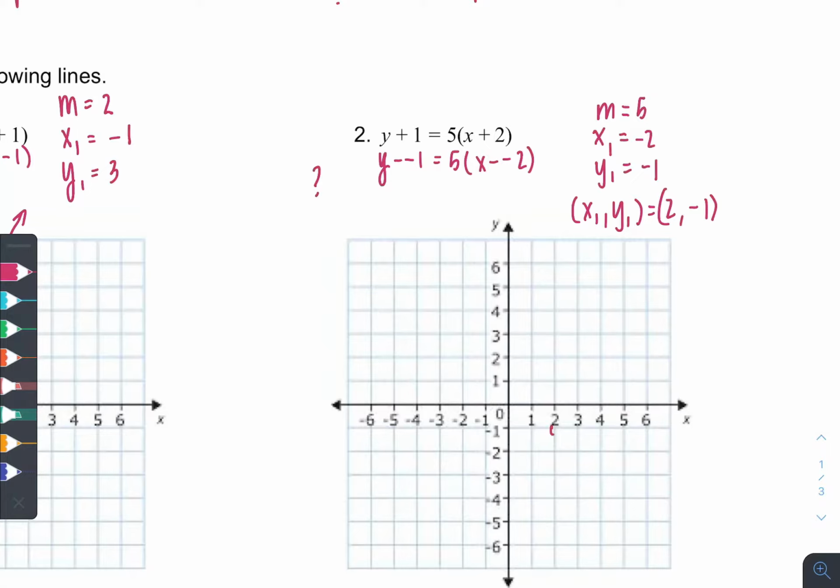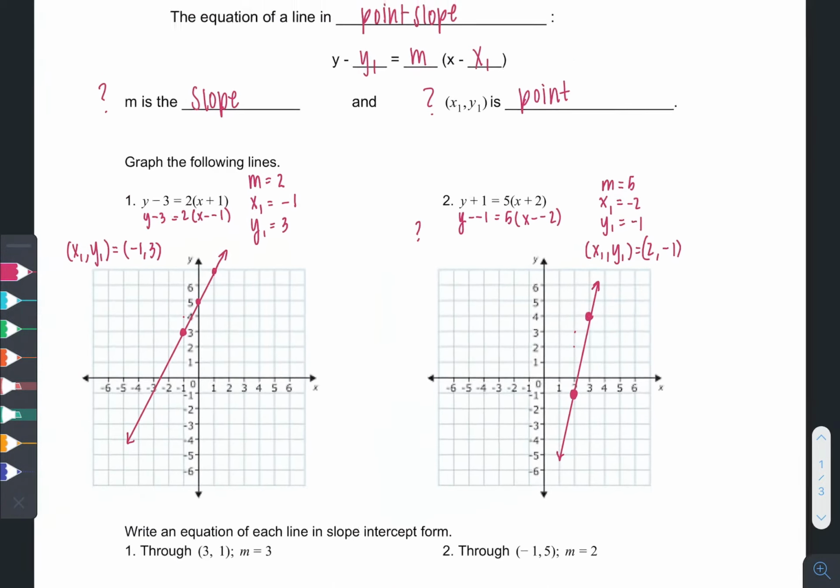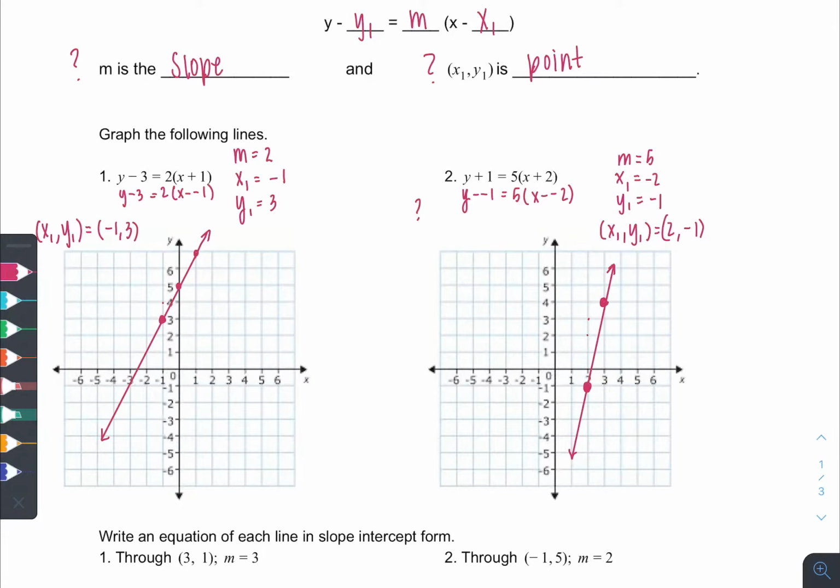You would plot that point, and then you'd graph the slope of 5. So up 5, 1, 2, 3, 4, 5, over 1, and draw that line. It's not the prettiest line, but it works. If it doesn't touch, just make your circle bigger. All right.